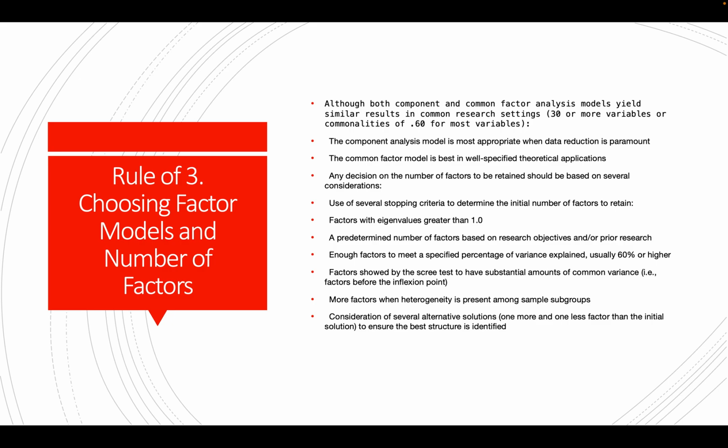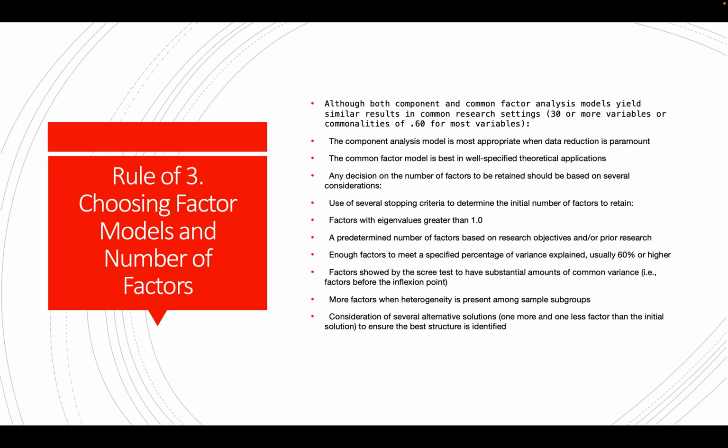Use of several stopping criteria to determine the initial number of factors to retain. Factors with eigenvalues greater than 1.0. A predetermined number of factors based on research objectives and prior research. Enough factors to meet a specified percentage of variance explained, usually 60% or higher.